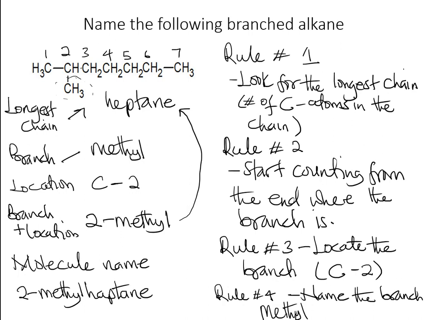So that's the name of the molecule. 2-methylheptane tells you that the molecule is a heptane but has a methyl at carbon number 2 based on our rules. So this is the name of the molecule.